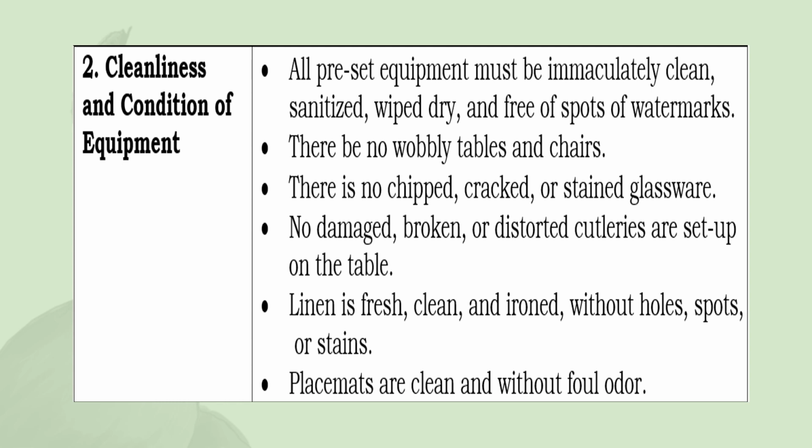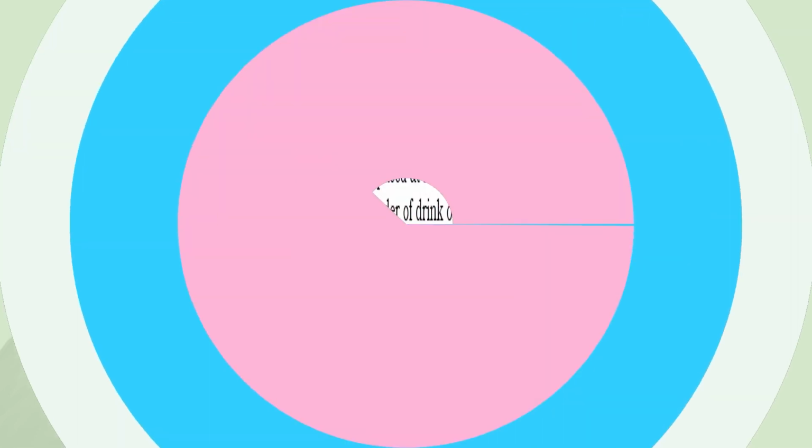There is no chipped, cracked, or stained glassware. No damaged, broken, or distorted cutleries are set up on the table. Linen is fresh, clean, and ironed without holes, spots, or stains. Placemats are clean and without foul odor.